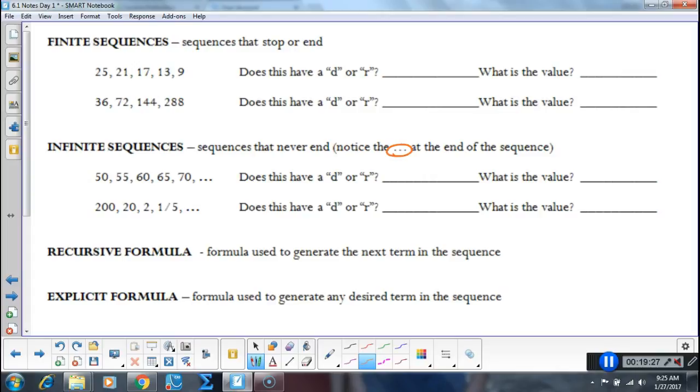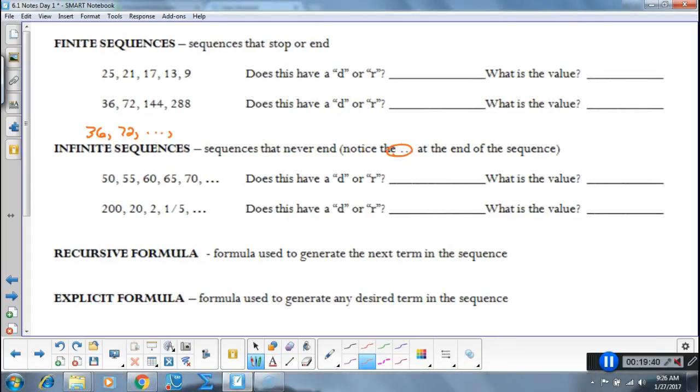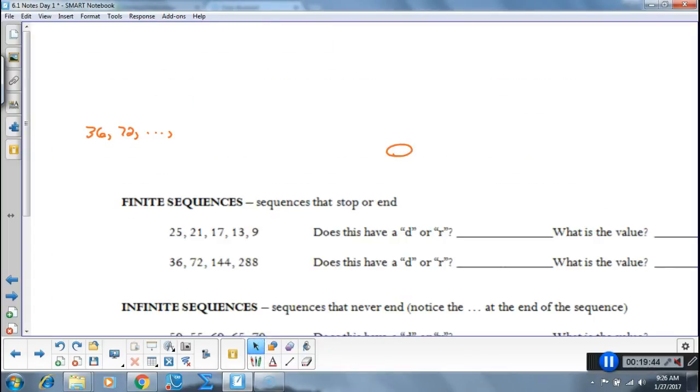Now, I will tell you this though, that we could write this sequence, 36, 72, comma, whoa, whoa, and whoa. Once again, why is it not?